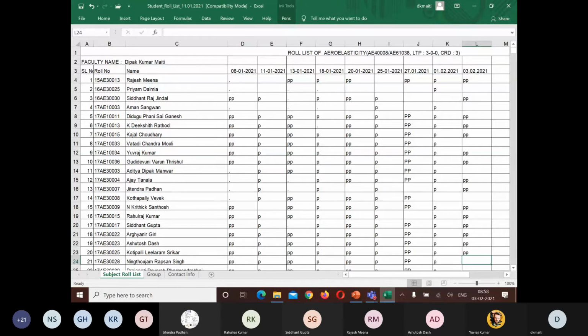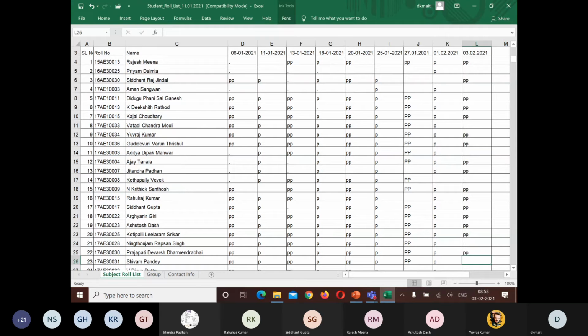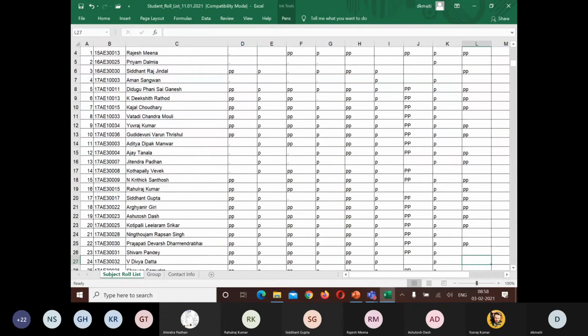Rafsan Singh. Prajapati Devars, present, sir. Shivam Pandey, present, sir. Divya Datta, present, sir.